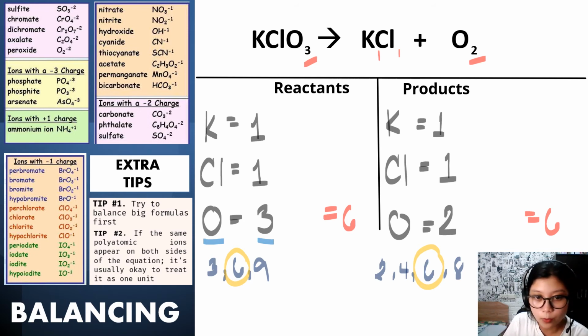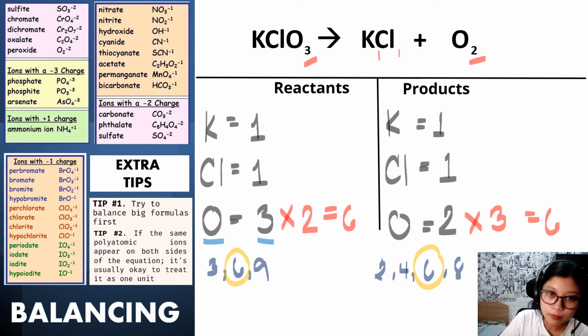In the reactant side, we are going to multiply 3 by 2 for it to reach 6. And we are going to multiply 2 by 3 in the product side for it to reach 6. Don't forget to place the coefficients right before the chemical formulas. We have 2 here, and we have 3 right before O2.